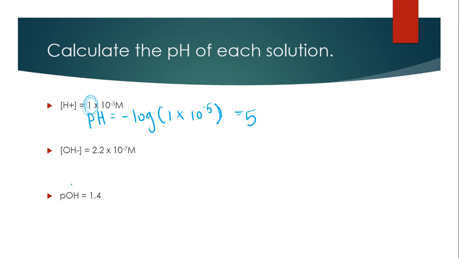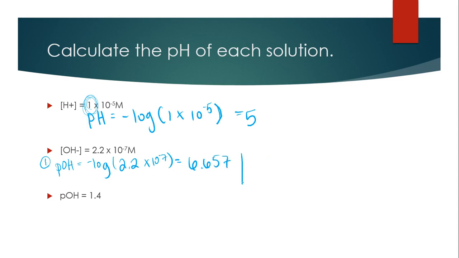Okay, on this one, let me show you 2 different ways that you could do this one, and you choose the path that you like the most. Way 1 is use what we've already been working with. If I'm wanting the pH, the first thing that I could do is I could find the pOH. That is going to be the negative log of 2.2 times 10 to the negative 7th. And I got roughly 6.657.